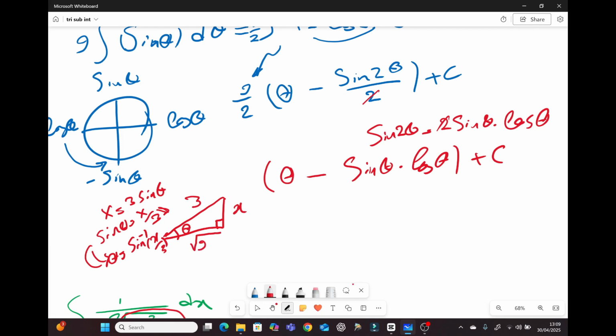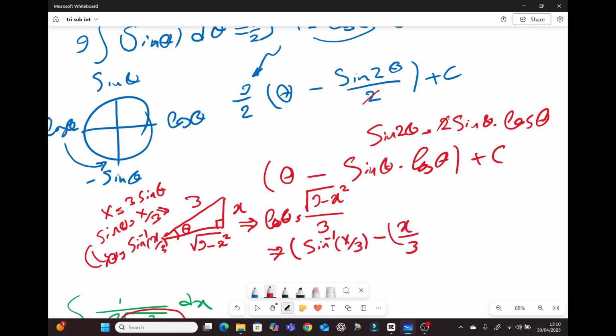This part is the radical of 9 minus x power 2. With respect to this right triangle, cosine theta is the radical of 9 minus x power 2 divided by 3. Therefore our total answer is theta, sine inverse of x over 3, minus x over 3 times cosine, which I calculated as radical 9 minus x power 2 divided by 3, plus c.